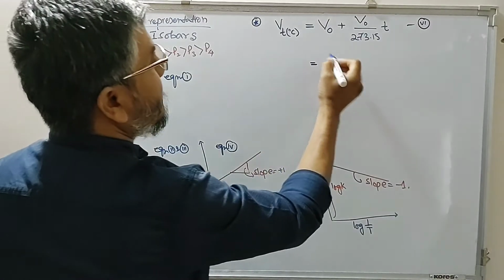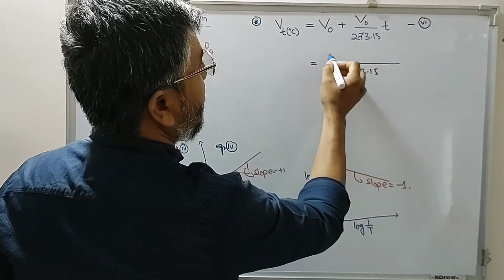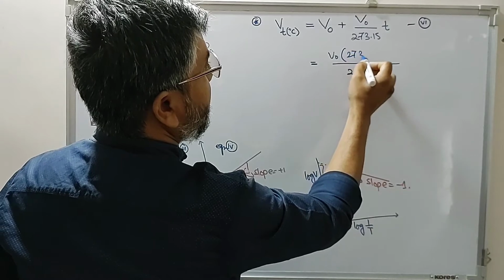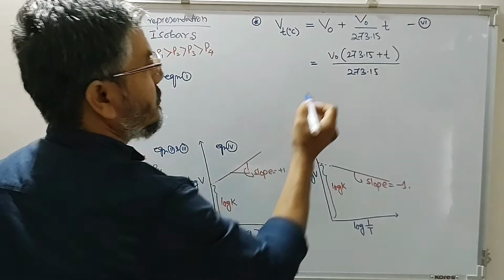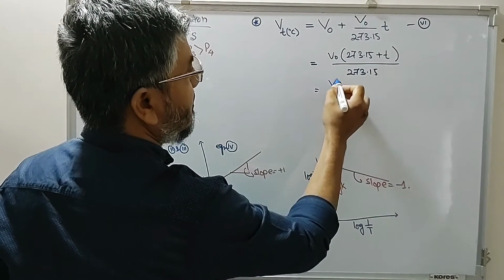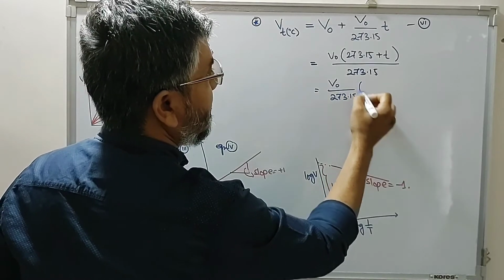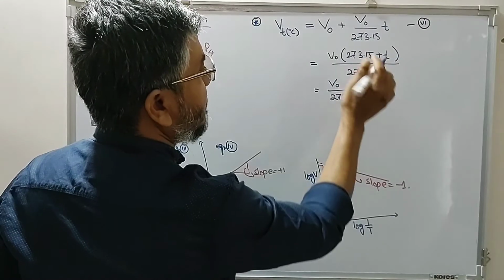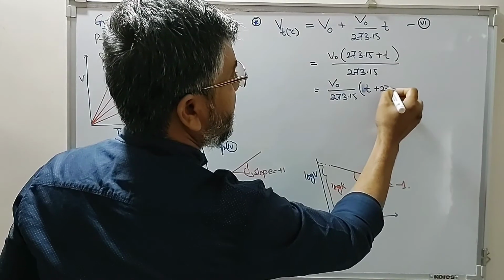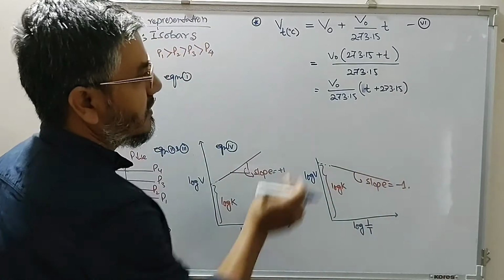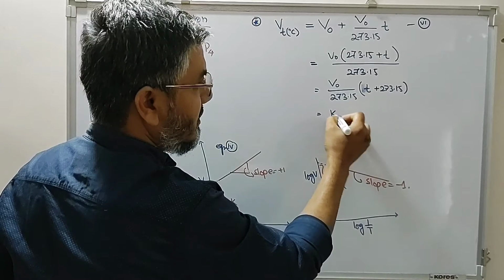Look at this, take the LCM. We have V naught by 273.15 times (273.15 plus T degree centigrade). Look at it: V naught is always a constant, and 273.15 is also a constant, so this is k.